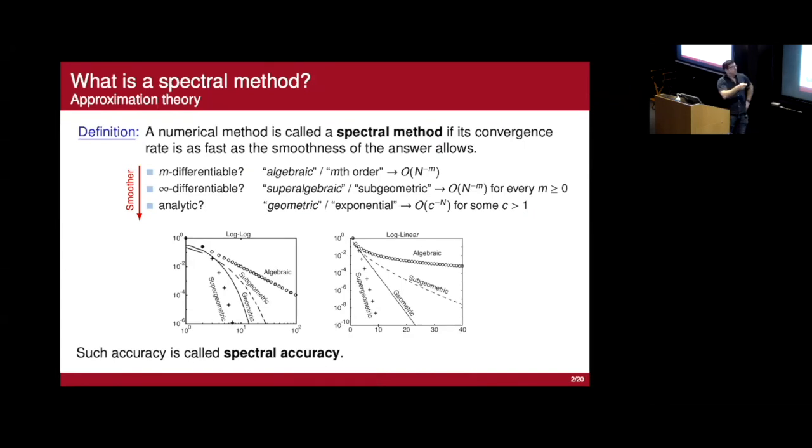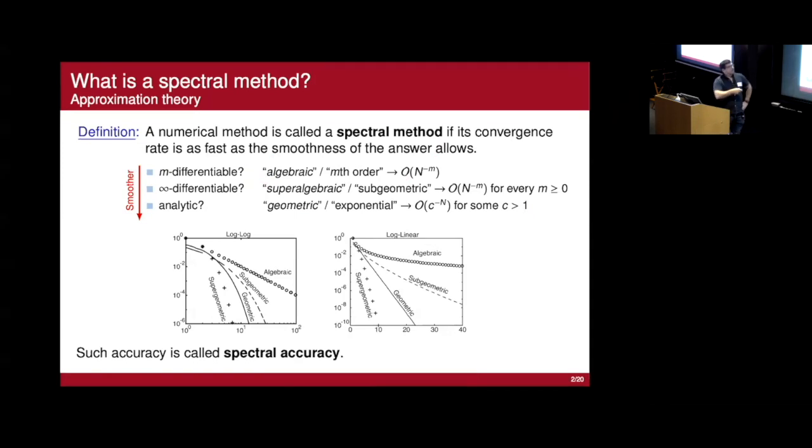If my answer is a smoother function, say infinitely differentiable, then I'm in the regime of what's called super algebraic, or sometimes sub-geometric convergence, which is that I get an algebraic rate, order n to the minus m, for every value of m. So it's faster than any value of n to the minus m.